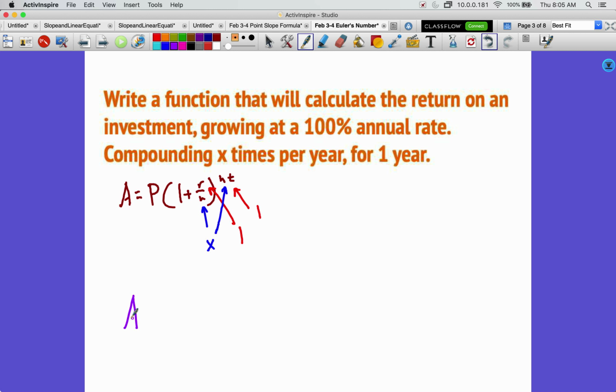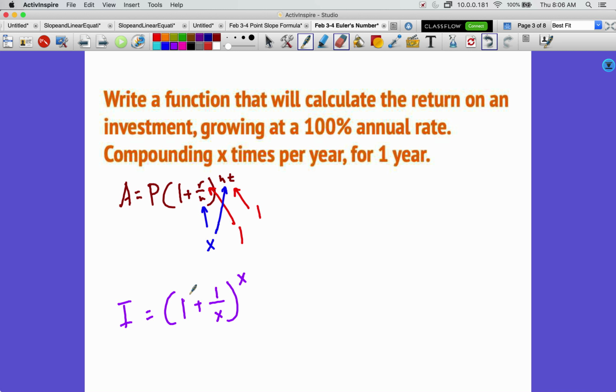So now I've got final amount A equals the principal. So it's just the return. So actually I think we can just drop the principal, because if all we care about is the return, then instead of calculating A, we'll calculate just our interest equals 1 plus, this R became a 1, this N became an X, and then this N became an X times 1 doesn't change anything.